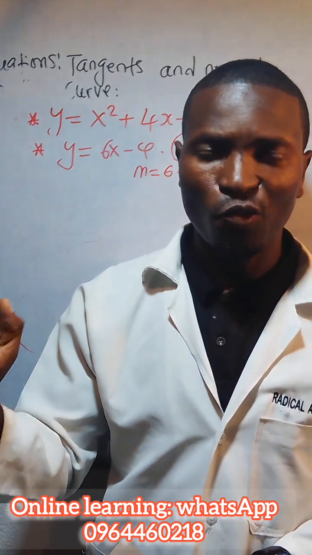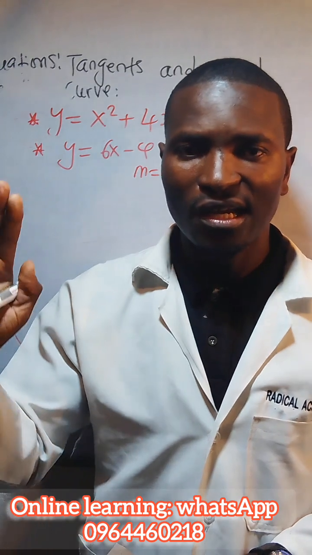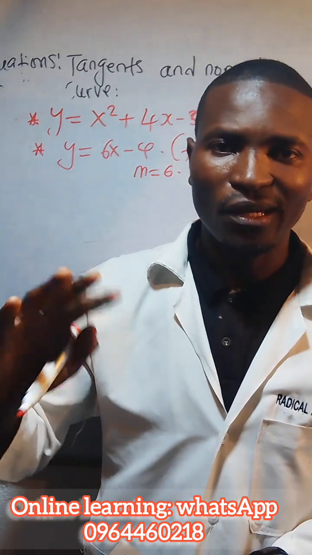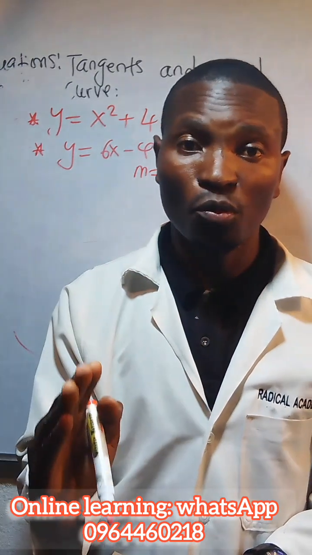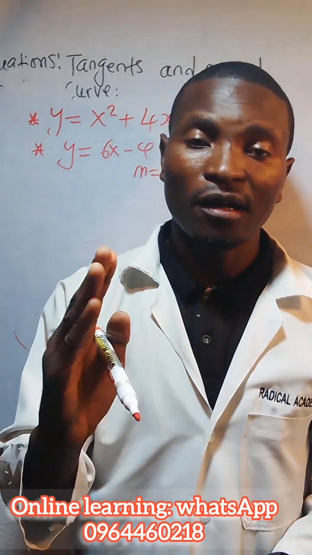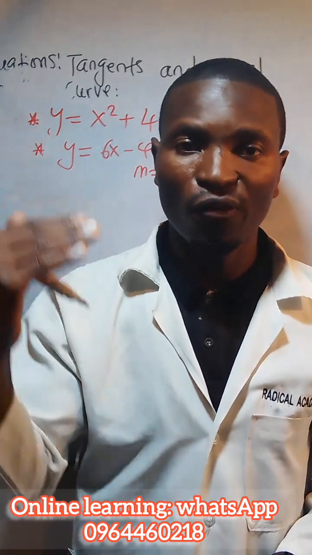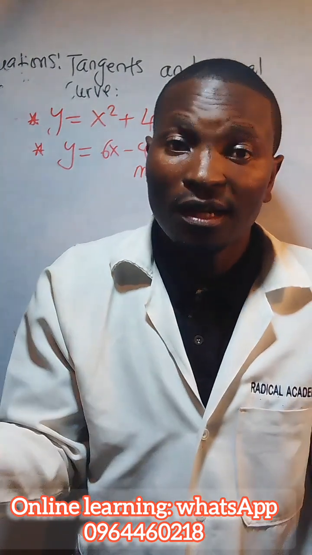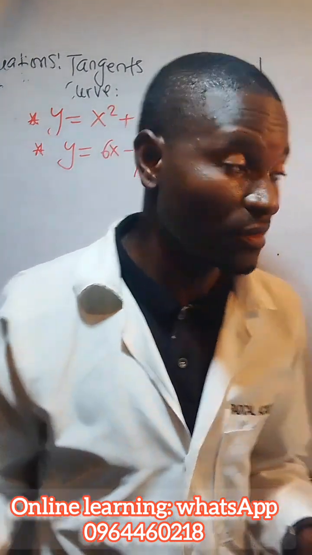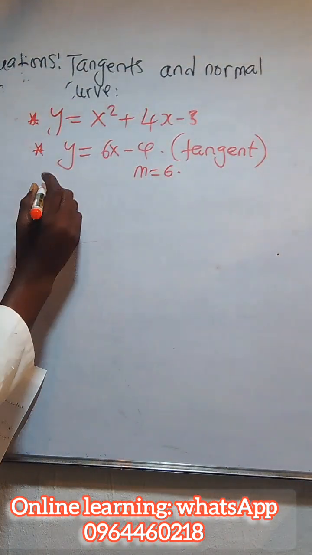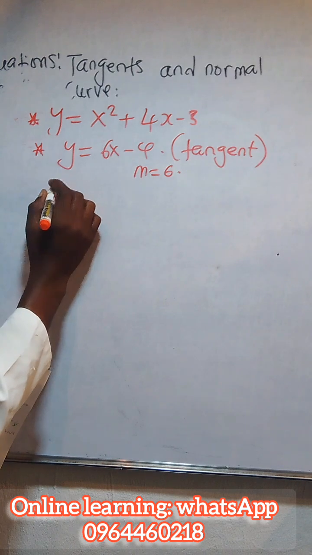So, if the gradient of the tangent is 6, then we expect the gradient of the normal to be -1/6. Of course, let's see how that comes up.